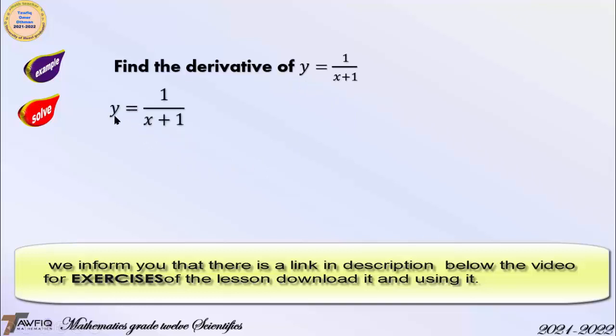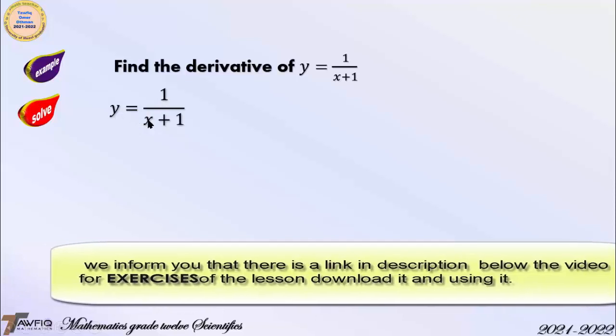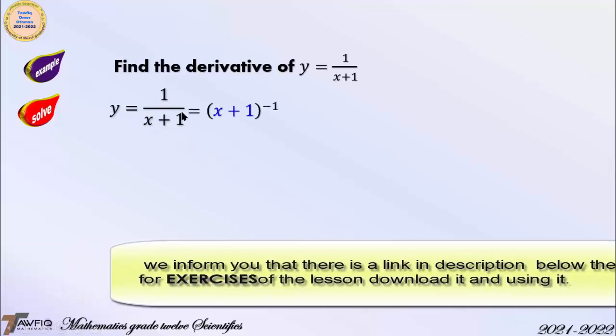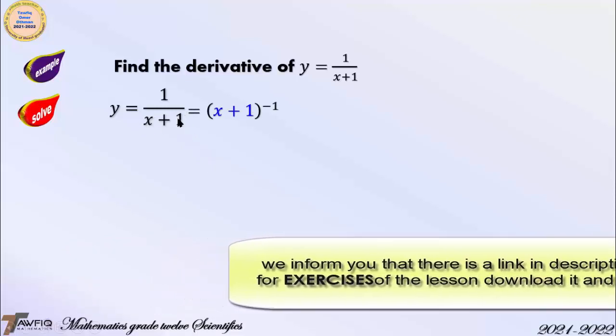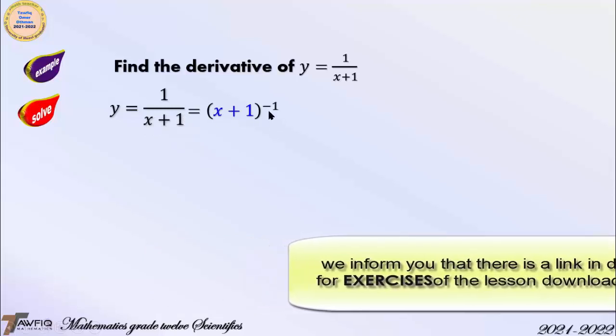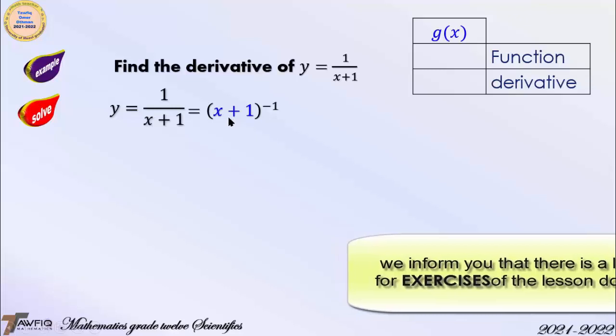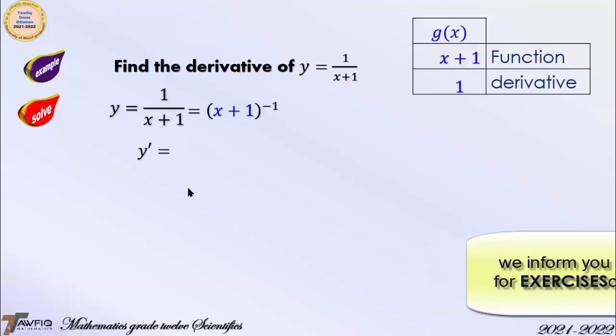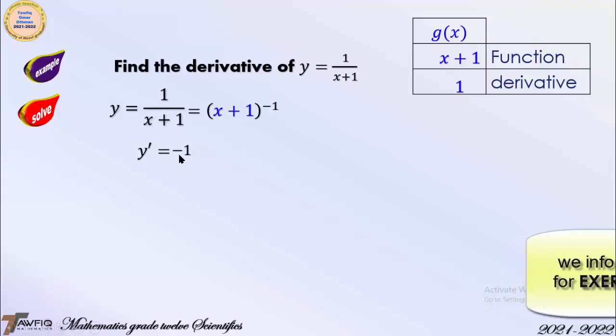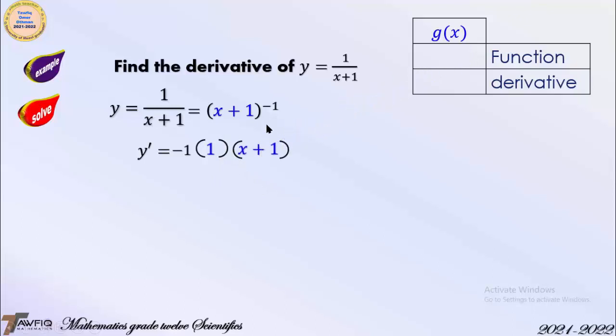First of all, we write y equals 1 over x plus 1 in another way, because we have at the denominator the power 1, we will take it to the numerator and it becomes minus 1. g of x is x plus 1 and its derivative is 1. y prime is equal, first of all write minus 1, then write the derivative of inside the bracket, which is the derivative of the function, it is 1, then the bracket as it is and take from the power 1, that means power minus 2.